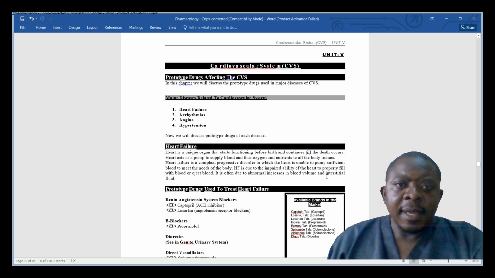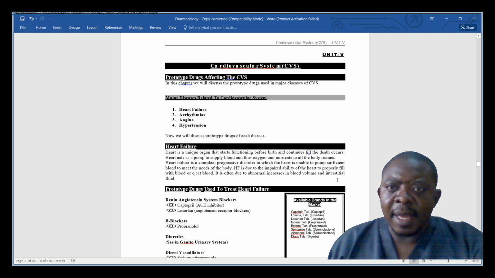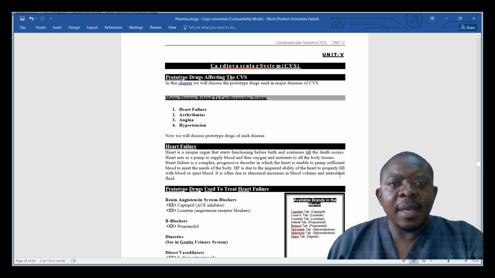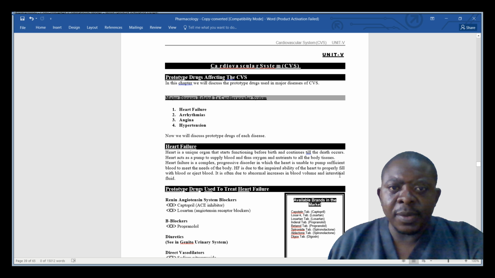A heart is a unique organ that starts functioning before birth and continues till death occurs. The heart acts as a pump to supply blood, and thus oxygen and nutrients, to all the body tissues. Heart failure is a complex, progressive disorder in which the heart is unable to pump sufficient blood to meet the needs of the body.